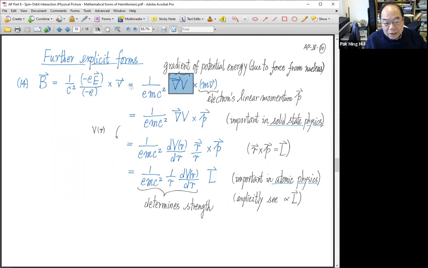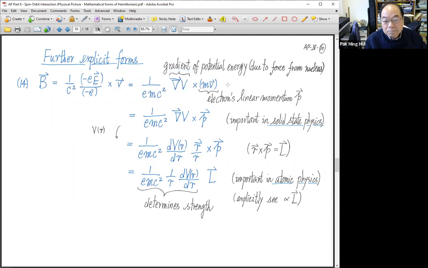The minus sign disappeared because I have another minus sign, okay? So this line, I turn it into the force experienced by the electron, then I can introduce the potential energy function V into the magnetic field expression.